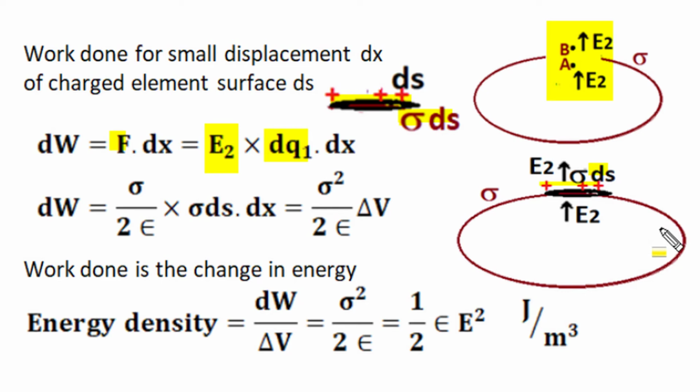Mutual force on identical polarity charge is repulsion. That's also true. In this electric field direction, positive charge would have force in the direction of the electric field in the outward direction, and against the force if we make a displacement of this charge surface, and the displacement is elemental displacement ds.